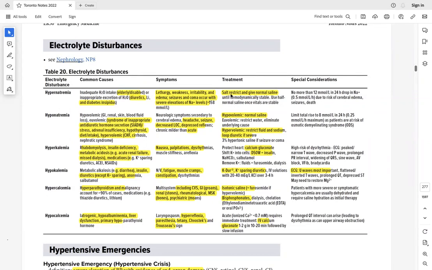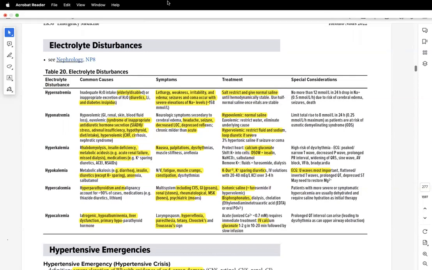We have to restrict the salt and give normal saline. Within 24 hours, the sodium should not fall by more than 12 millimole per liter because of the risk of cerebral edema. So the complication can be cerebral edema, and we must not decrease the level by more than 12 millimole in 24 hours.